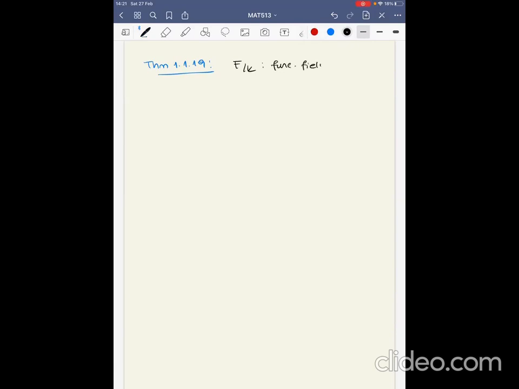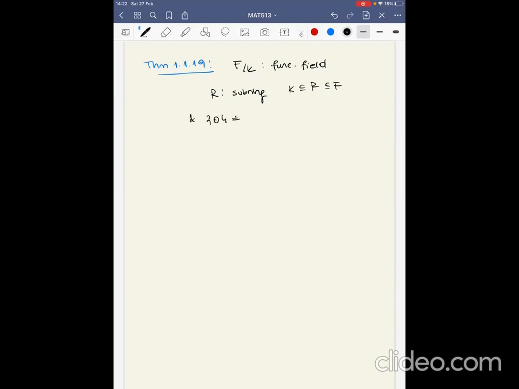As usual, F over K denotes a function field. And to see that an evaluation ring or a place exists, we consider a subring R of F containing K. Such a subring always exists.